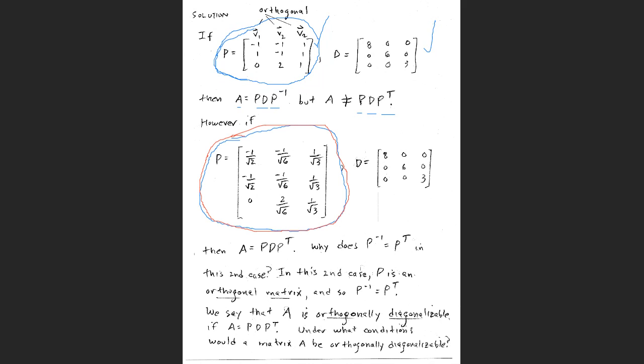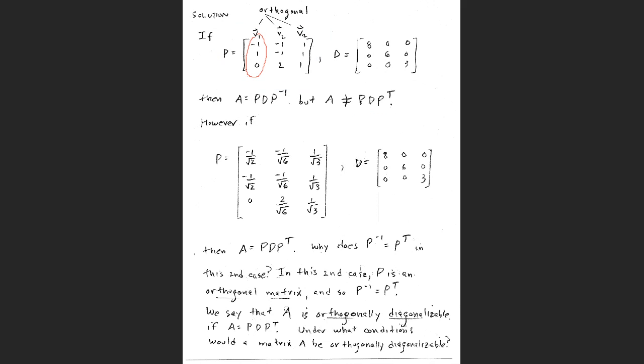So for instance, the first eigenvector v1, which is -1, 1, 0, now becomes a new eigenvector, -1/√2, -1/√2, and 0. What did I do to this vector v1 to get this new vector?